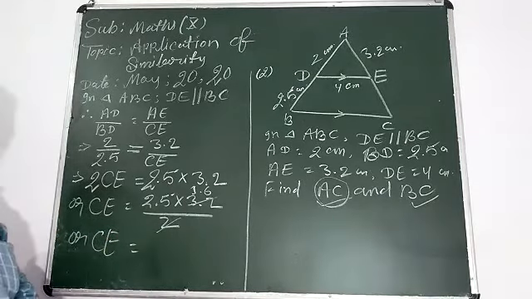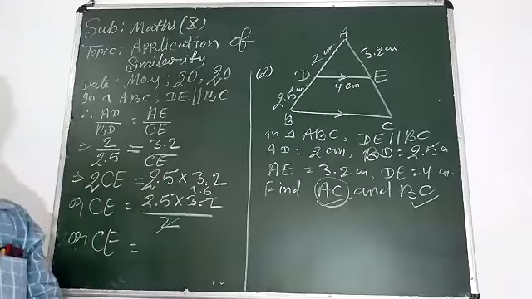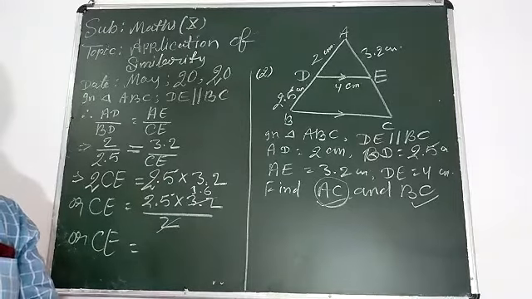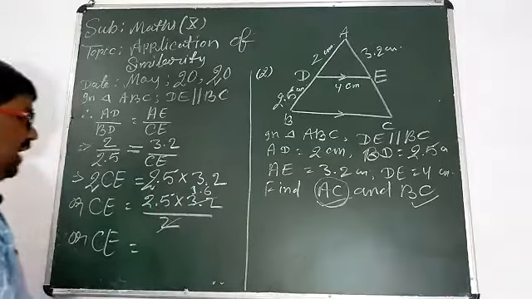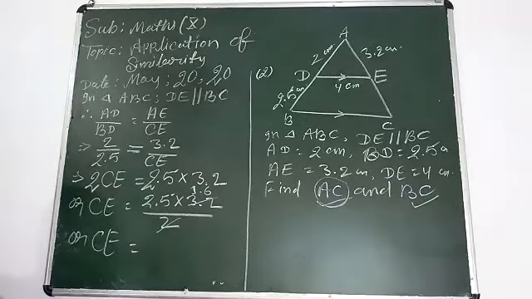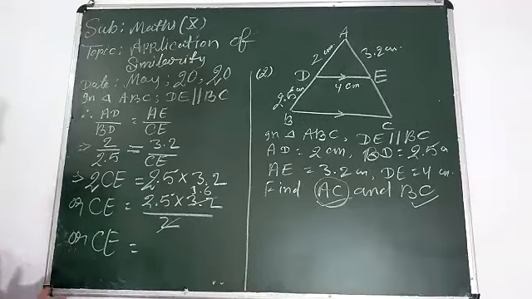Multiply 2.5 by 1.6. First you should multiply 25 by 16, which gives 400.